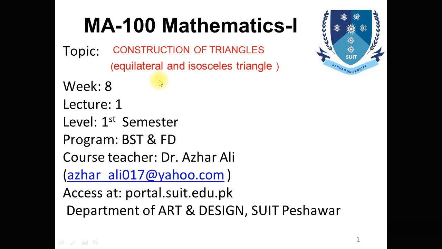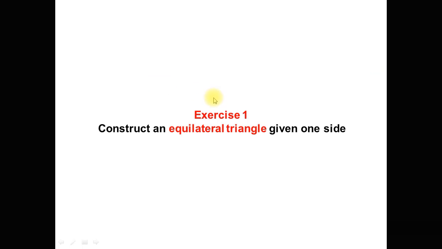So first of all, this is exercise number 1 for the construction of an equilateral triangle. In an equilateral triangle, one side length is given.